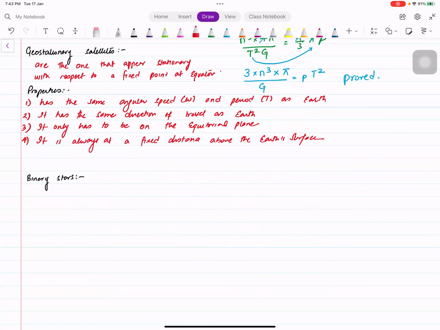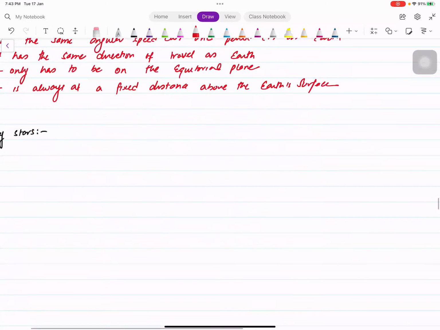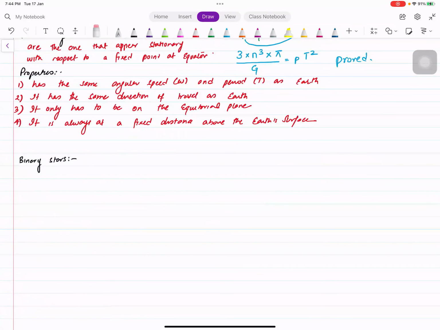Now, recently, I've noticed that binary stars questions are very common. Now, what are binary stars? Binary stars are like, suppose you have one star, and then another star, which have a common center. And obviously, from that common center, they have their own distances.